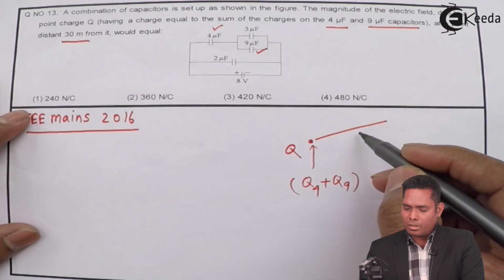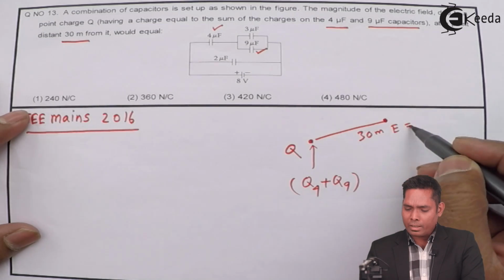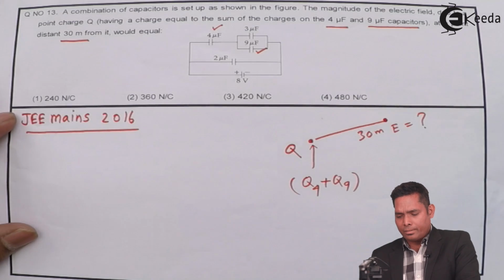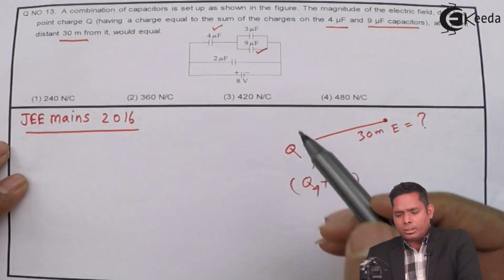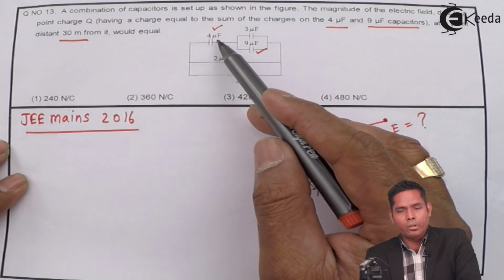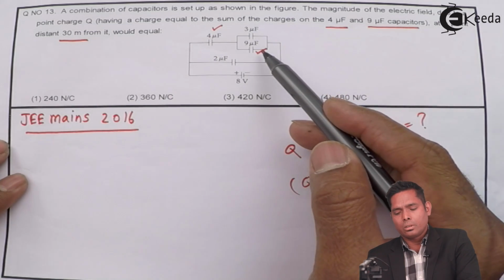So at a distance of 30 meter we have to find the value of electric field. To solve this, we have to first find how much charge will be stored in the 4 microfarad capacitor and 9 microfarad capacitor.